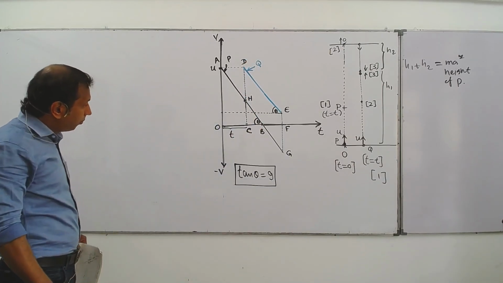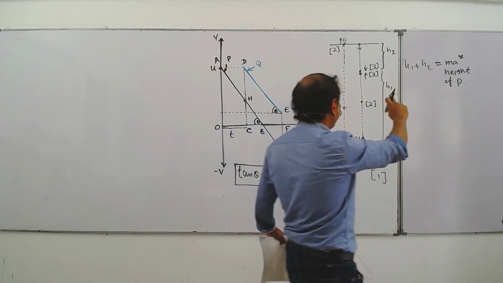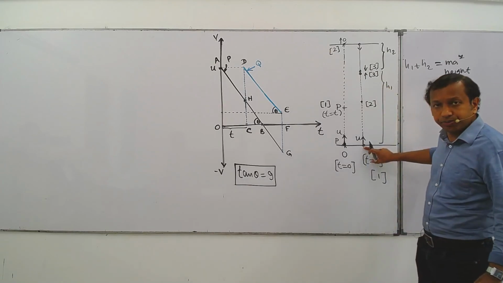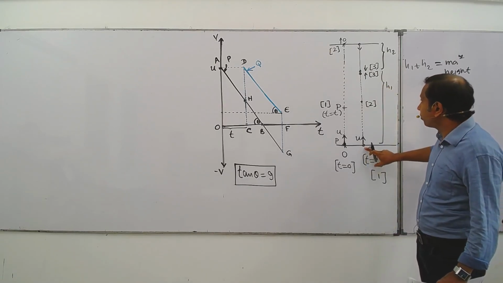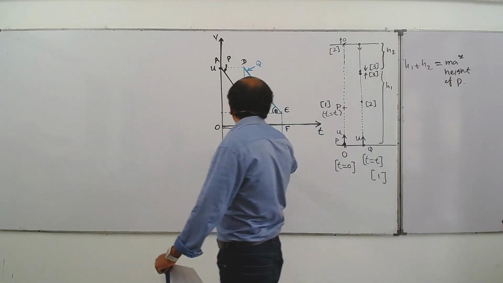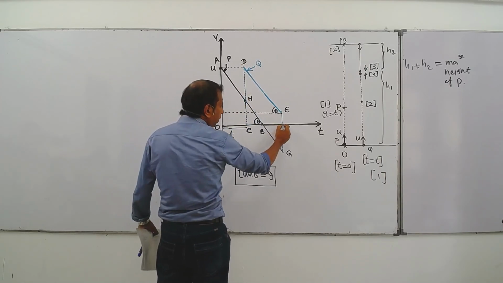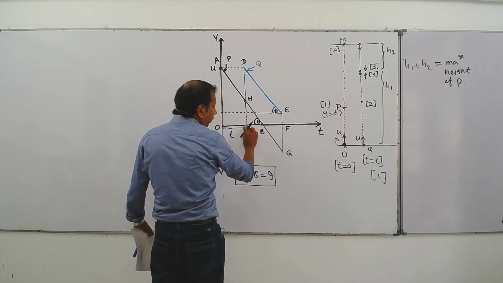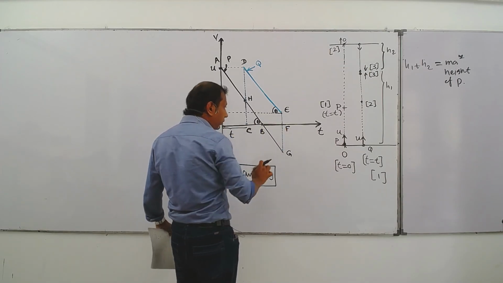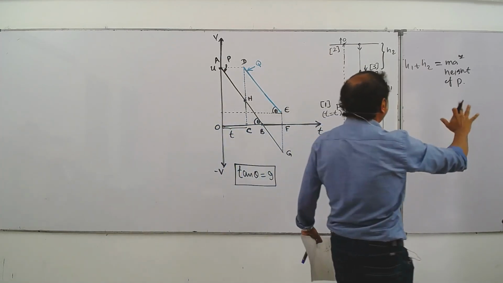We told the people that we are going to take this equation from the instant Q has been projected upwards. That means this is the moment particle Q is projected. This is the moment they meet.